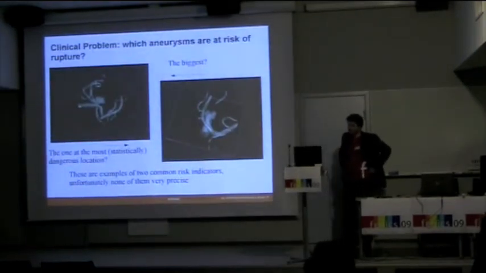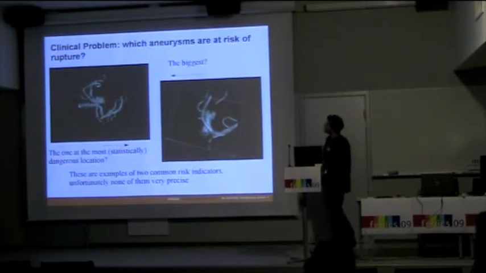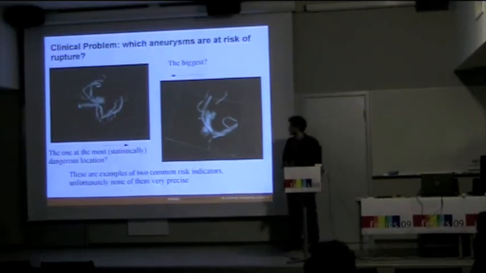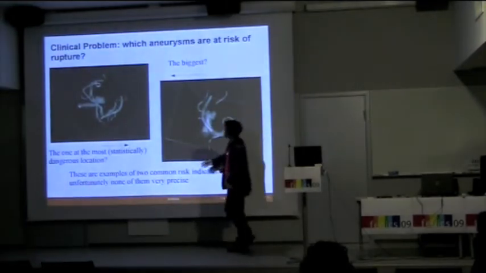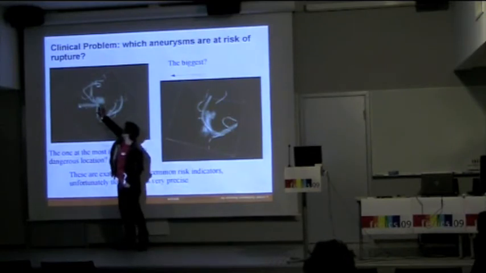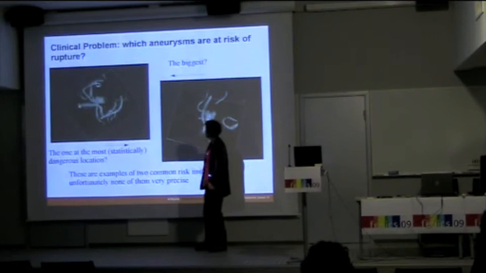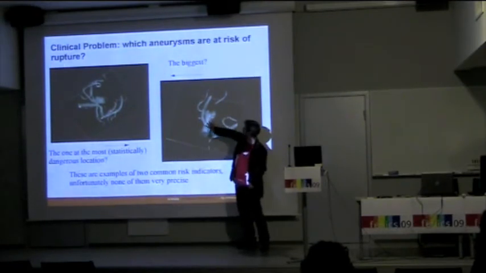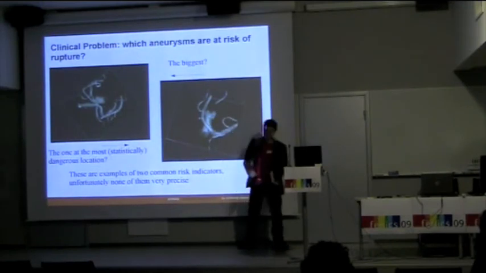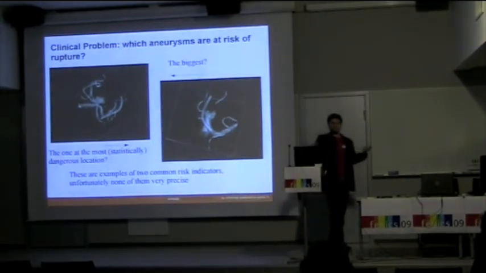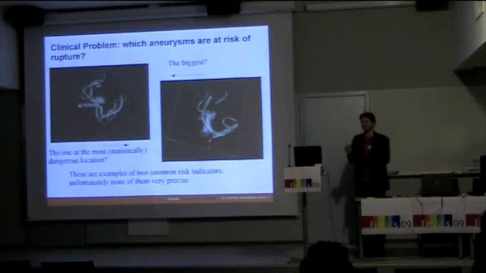At the same time that they were measuring my head, they also asked me to have a look at a few aneurysms. Like you have this one, a fairly large aneurysm sitting there, and you have another aneurysm sitting here on another vessel, and they wonder which of these aneurysms are the most likely to rupture.